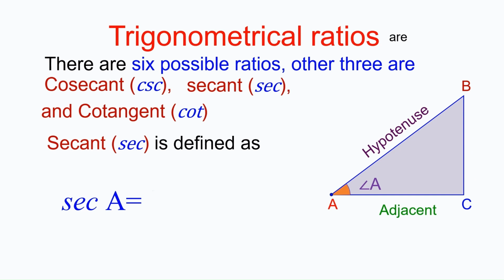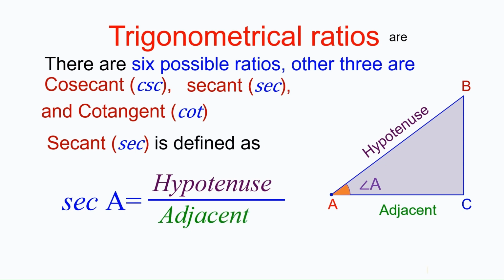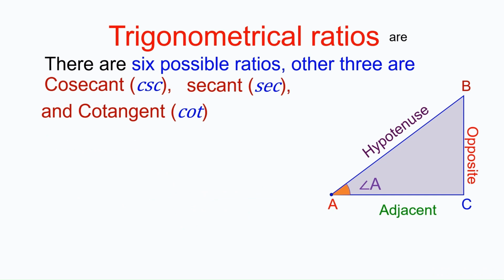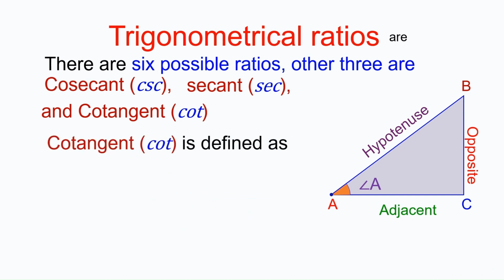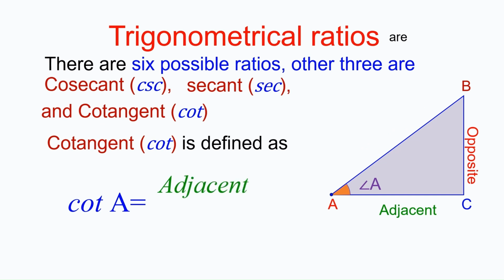Secant, sec, of A is defined as hypotenuse divided by adjacent. Cotangent of A is defined as adjacent divided by opposite.